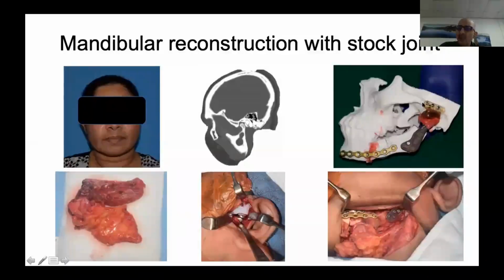We can have the zygomatic component, which is fixed to the zygomatic arch with 5 screws, and this particular thing is the joint component, the condylar component. In this patient we have used the scapula, and all this has been pre-printed and prefabricated, the planning has been done, and exactly the same plan has been followed in the operation to get a good outcome.